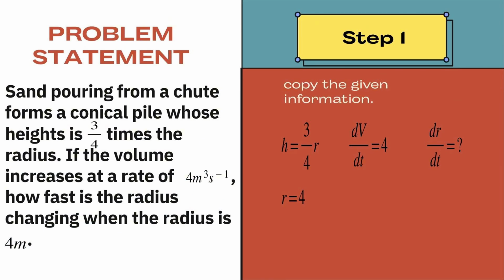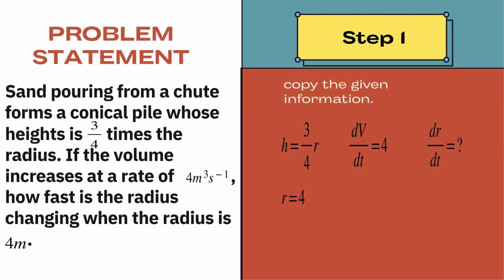Let's analyze this problem statement related to related rates. The problem scenario involves sand pouring from a cube and forming a conical pile. We are given information about the relationship between the height and radius of this cone.